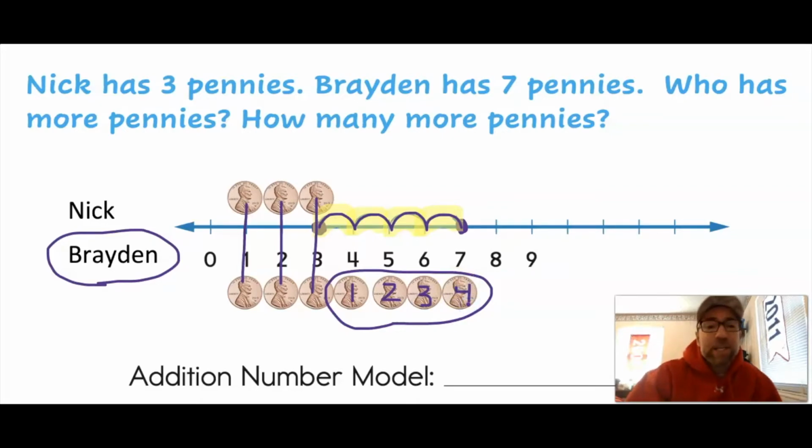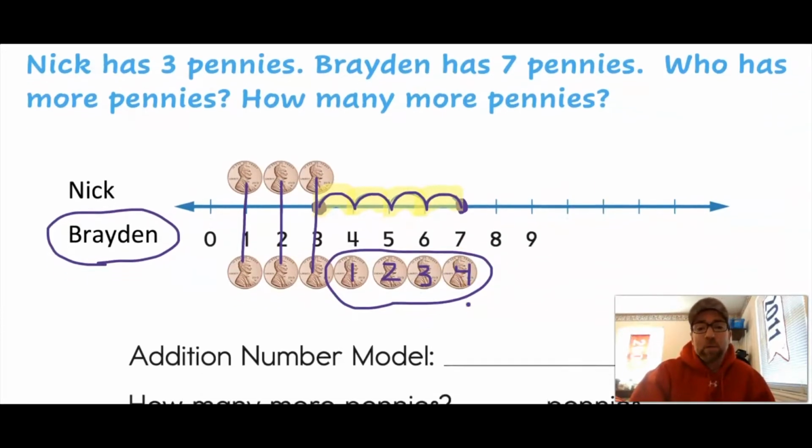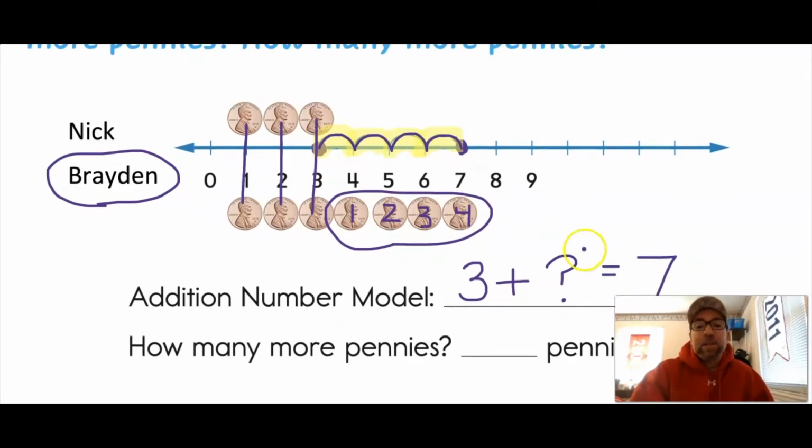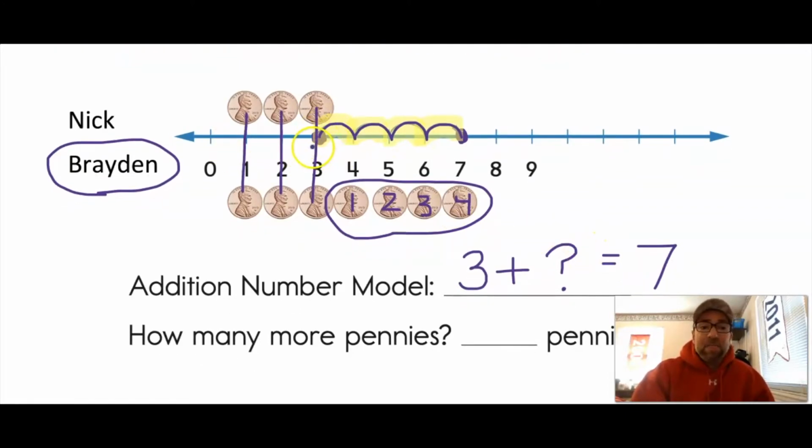Now, our addition number model is when we start with our smaller number. We started at 3, because that's how many Nick had. And we added up a mystery number. See that? And we landed on 7. So we put a dot at 3.